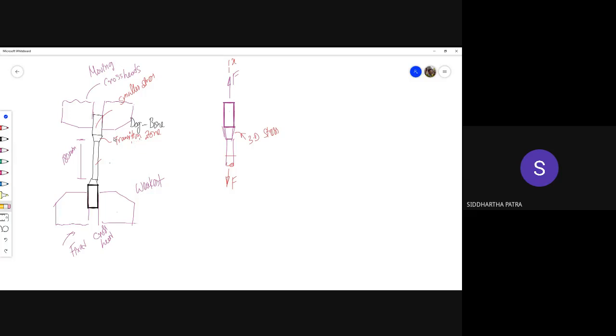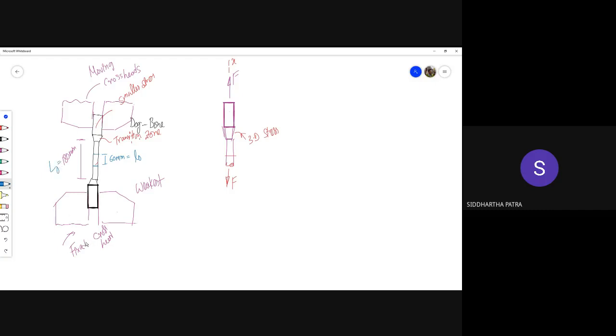So even in that 180 millimeters, we divide that in three equal components of 60 millimeters, and that central 60 mm is our gauge length, small l0, and we would refer to this 180 millimeters as capital L0.